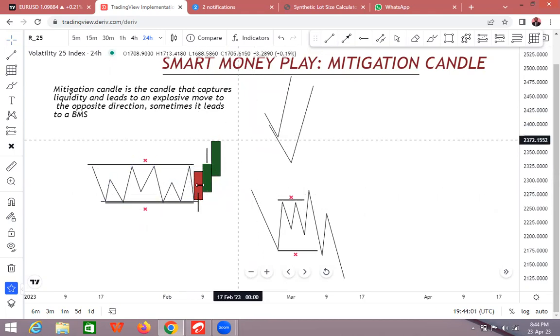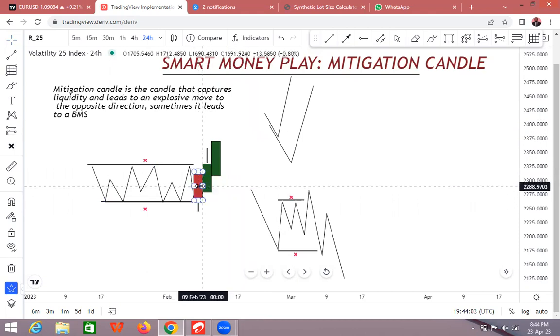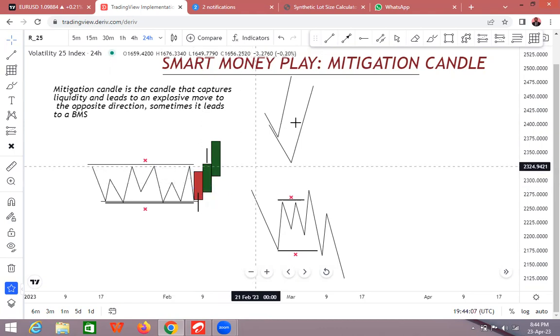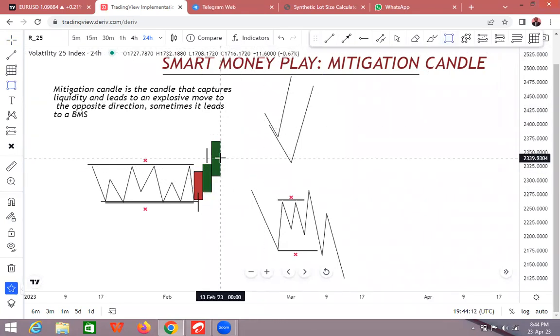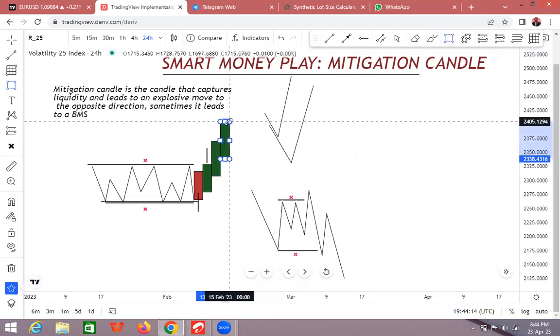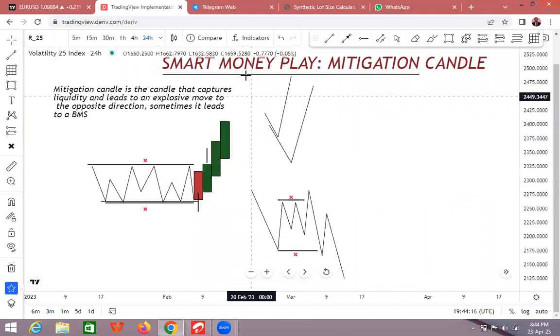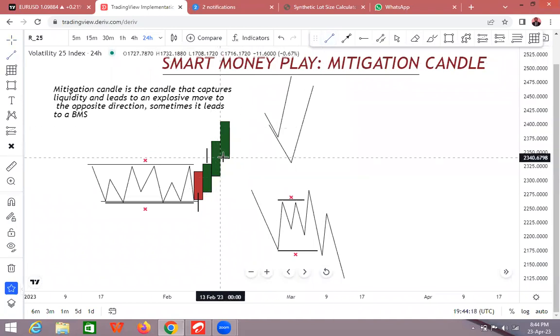What it then means is that there are orders here that are in drawdown. So we know that smart money is still going to come back to this candle, to this trade that is here. Smart money will definitely come to this point sooner or later.